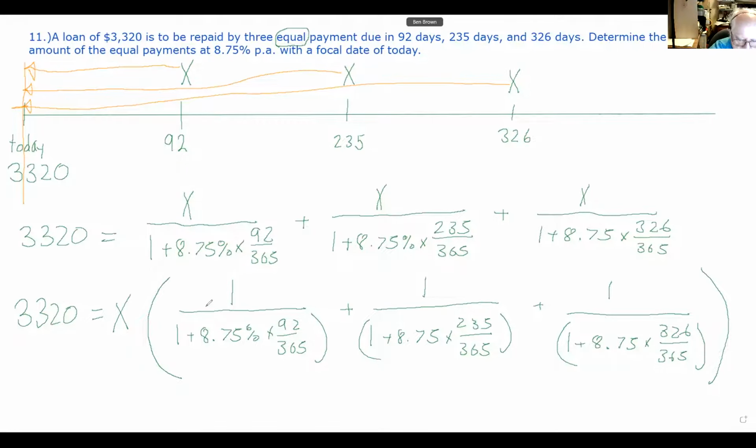So 92, 235, and 326, and it's 8.75 and 3320. That didn't work. So let's move on to the next page and see the next step here.